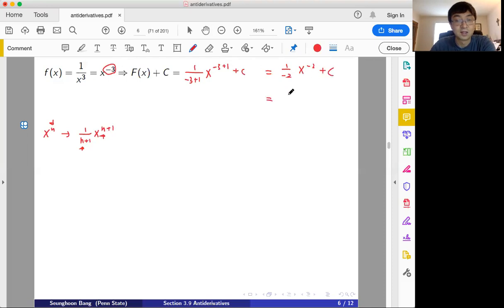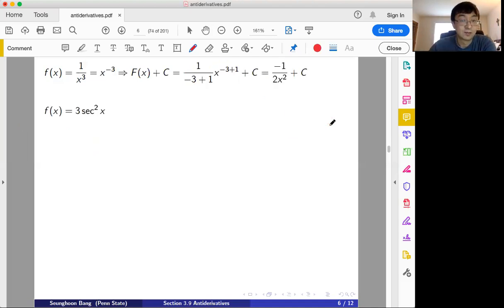This is minus 1 over 2, and x to the negative 2 changes to the positive exponent, 1 over x squared, plus c. The final answer is negative 1 over 2x squared plus c. This is the whole idea for solving this problem by using the table of antiderivatives.